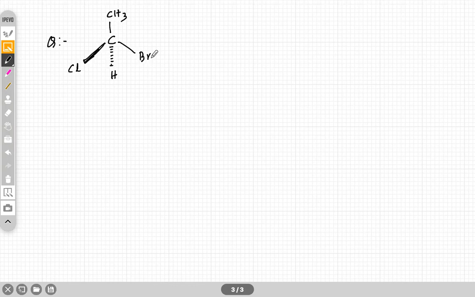Is this a chiral carbon? Is it optically active?